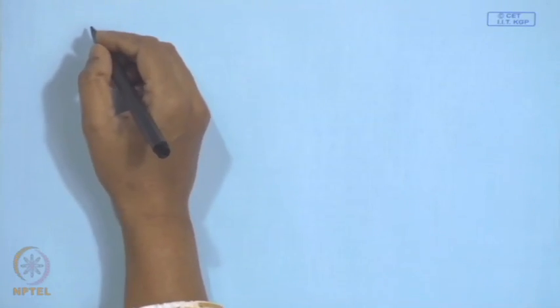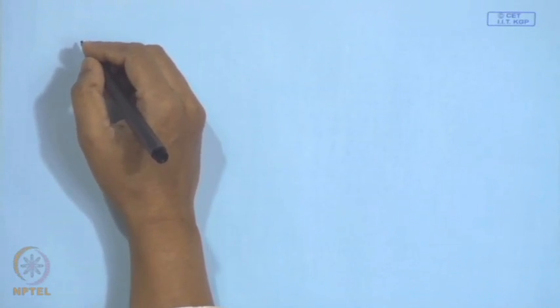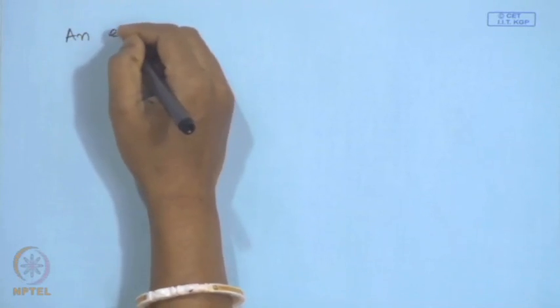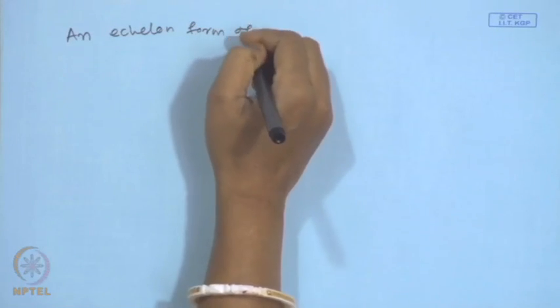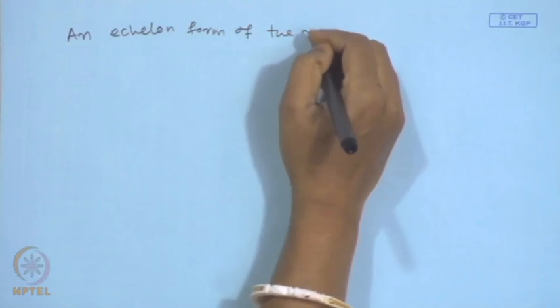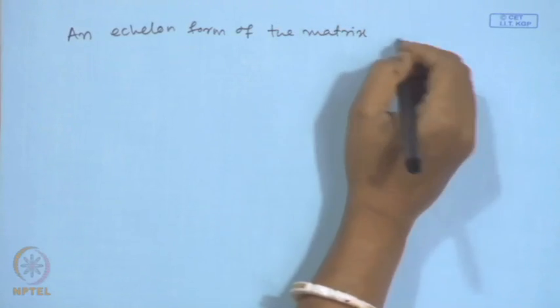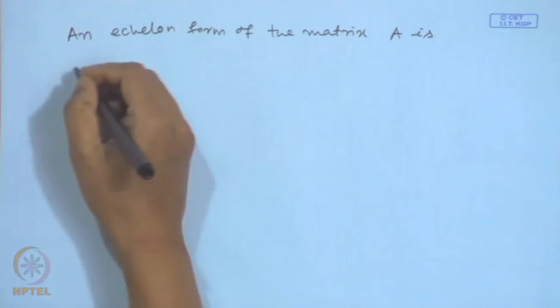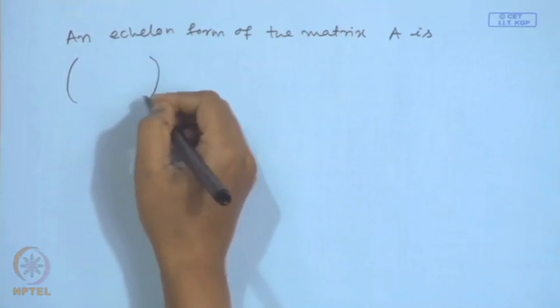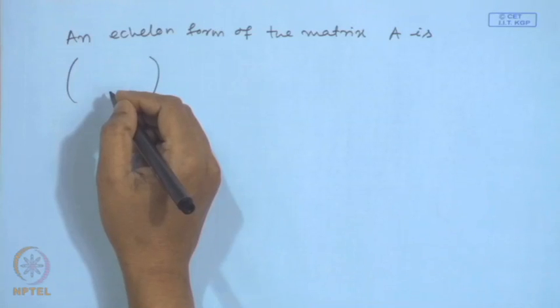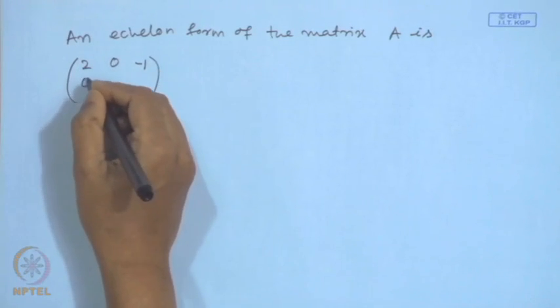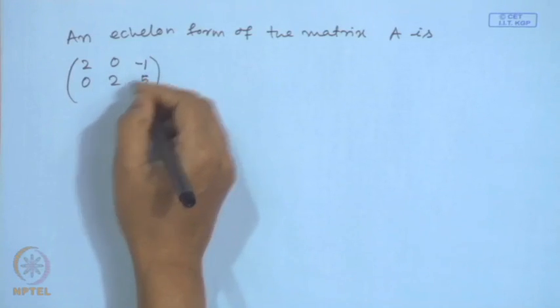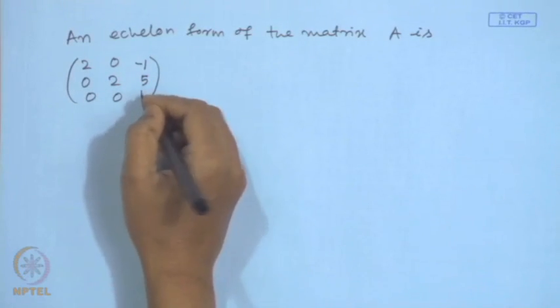We will get the echelon form of this matrix like this, and the echelon form of the matrix A is given by 2 0 minus 1, 0 2 5, 0 0 1.